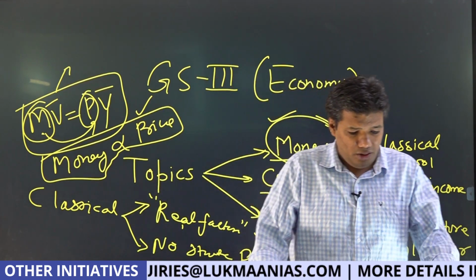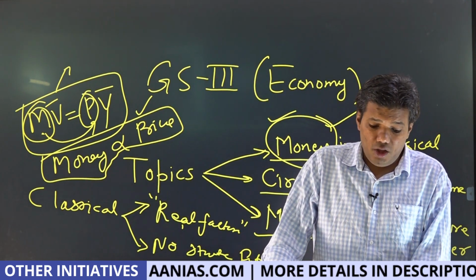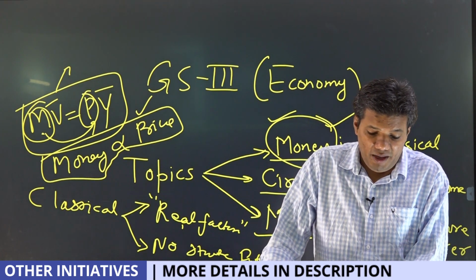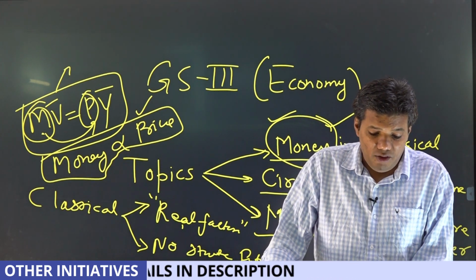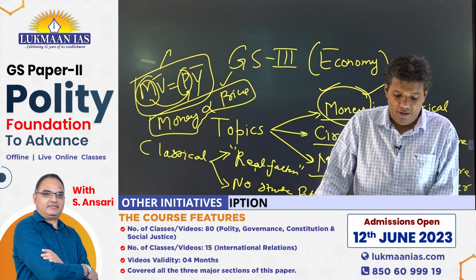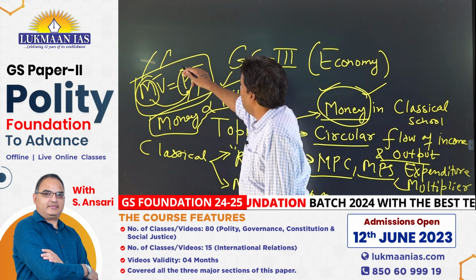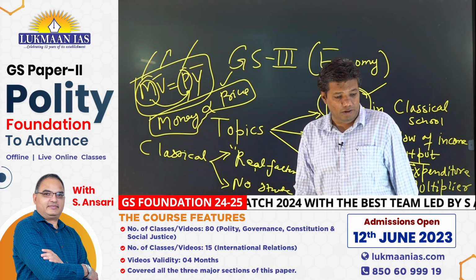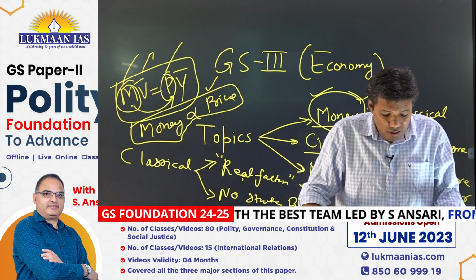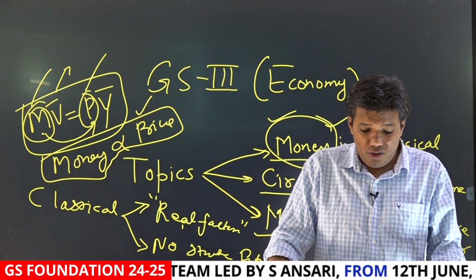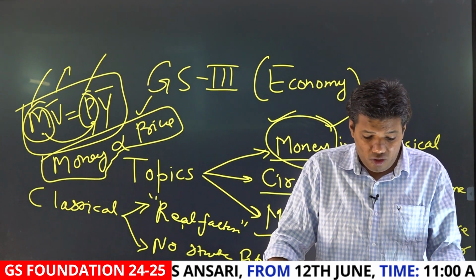So what it says, in the classical system, the quantity of money determines the price level and the level of nominal income. So money supply decides your price level and the nominal income. In this sense, monetary policy was quite important to classical economists.